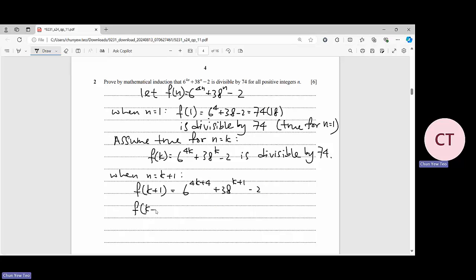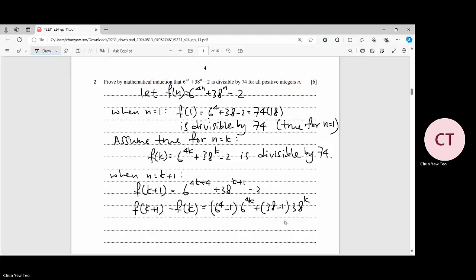Taking f(k+1) minus f(k) is equal to (6^4 minus 1) times 6^(4k) plus (38 minus 1) multiplied by 38^k.